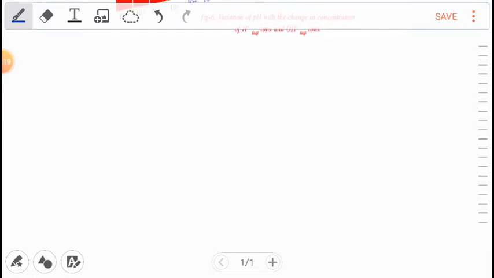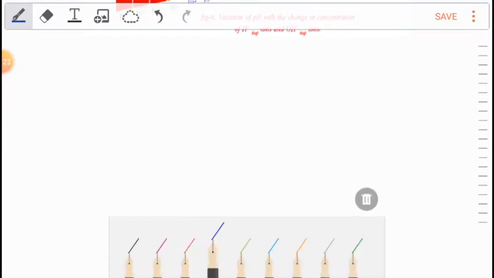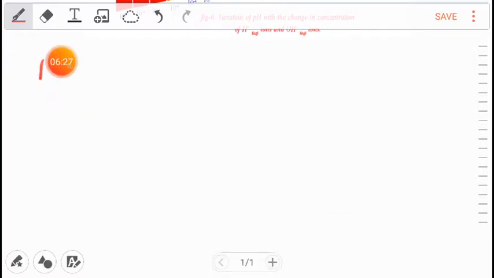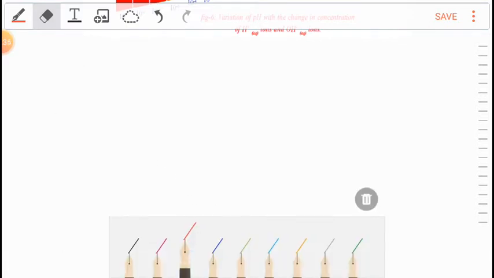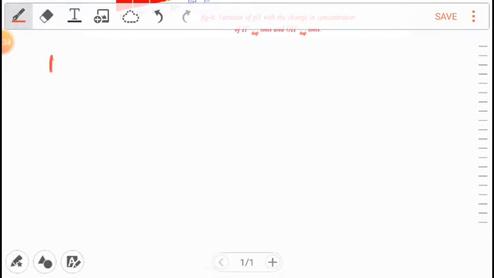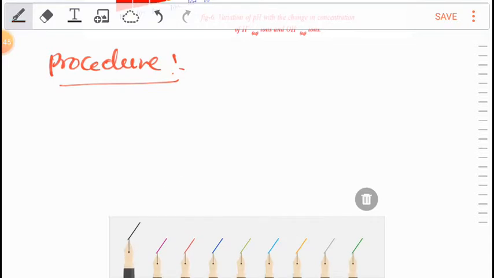Another diagram I will take. Before going to do the experiment, we will see the procedure. What you're going to take and how to do the experiment: take a pH paper and test the following chemicals.